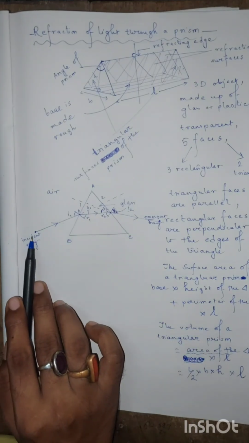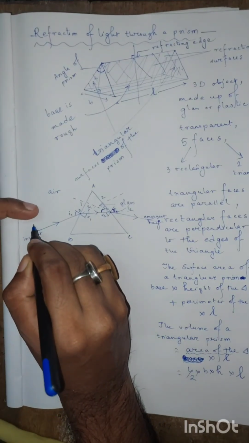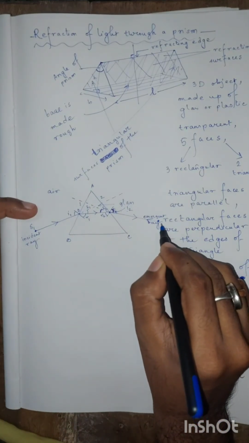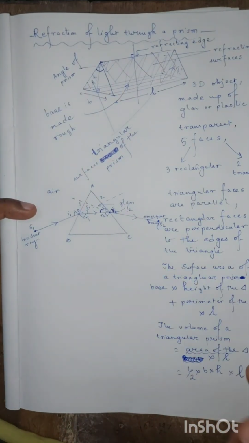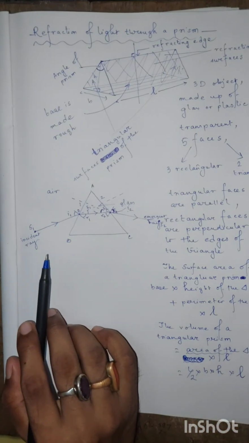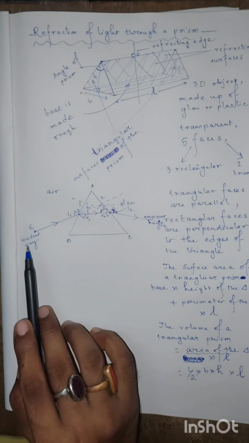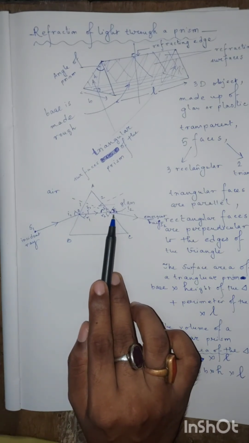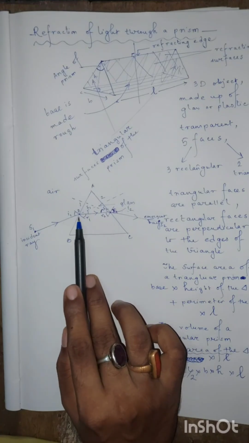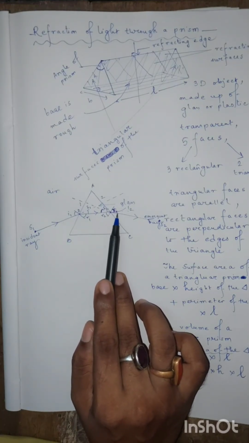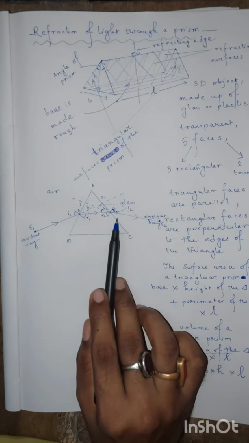If we send the light from source 1, and let us call the other source 2, then if we send it from source 1, this angle can also be called angle of emergence.